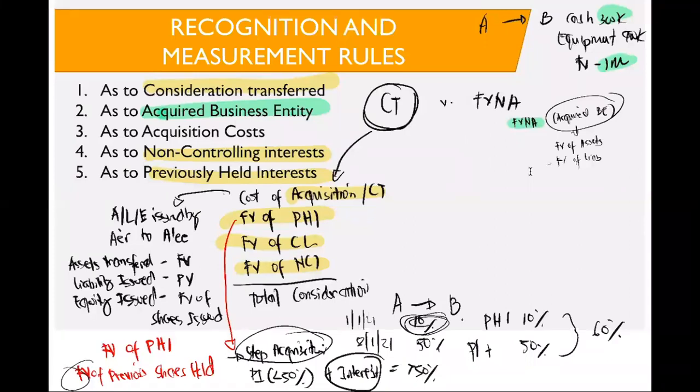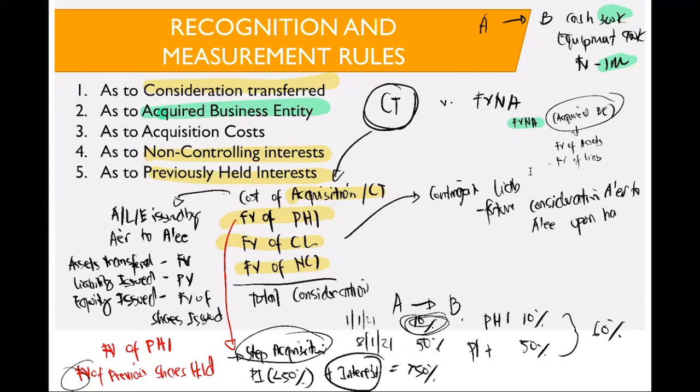This contingent liability is based on the happening of a particular event in the future. So what is a contingent liability in the context of a business combination? There is a contingent liability in the context of business combination if there is a future consideration that will be given by the acquirer to the acquiree upon the happening of a certain event.